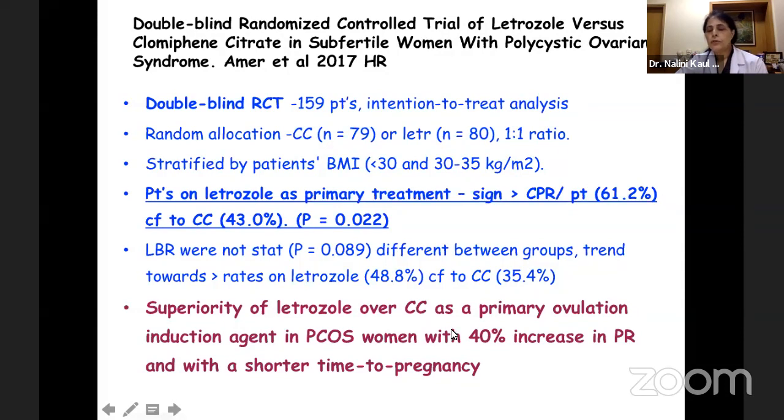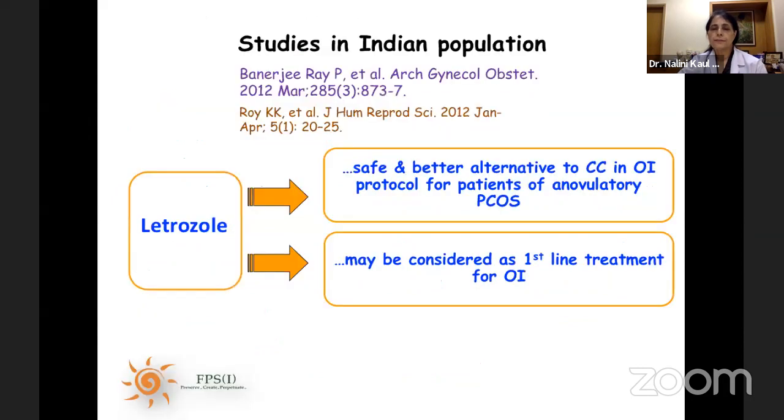Not only was there a 40% increase in pregnancy rate, but there was also a shorter time to pregnancy. And that's, I think, the first question that we are all asked when the patient walks in: how much time will it take to get pregnant? So with letrozole, we have a shorter duration in this.